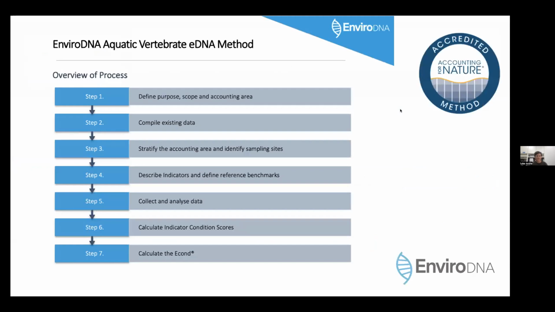So there are 7 main steps to this method. These are fairly common to many AfN methods, and that is to define the purpose and scope of the accounting area, to bring together the existing data that's necessary to start to design a program, to split up that area into sensible assessment units that are representative of the site.